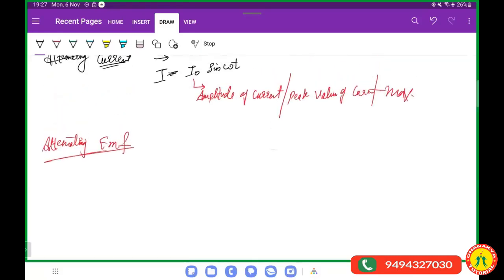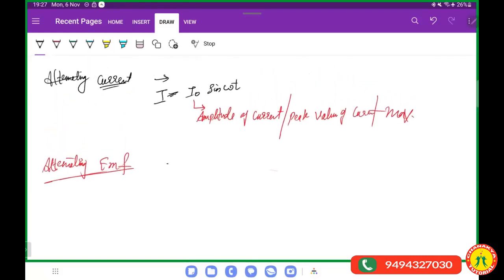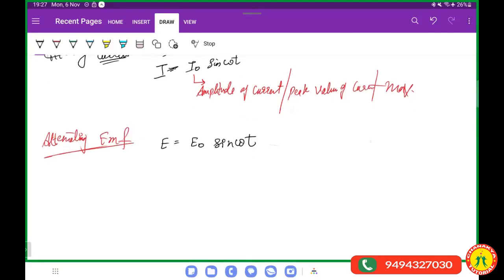So alternating EMF we can also write as E equals E naught sine omega t. Now we wrote omega in both places. What is omega? Angular frequency. Very good. What is E naught?